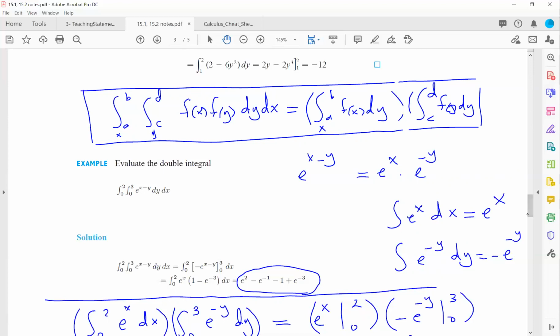So you can separate the integrals since these two functions are separated from each other. There is no addition, there is no subtraction, just multiplication between these two functions.